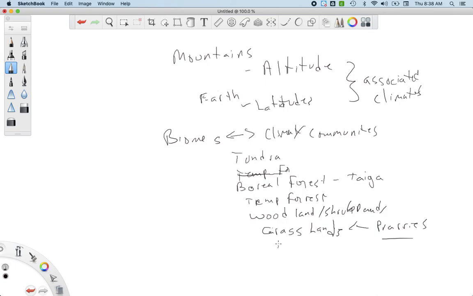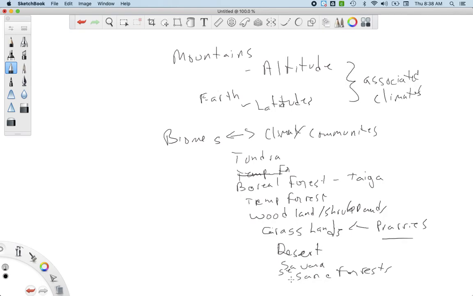We also have a desert biome. Remember, there are deserts on all continents except Europe. We have savanna, seasonal rainforest, and tropical rainforests. Tropical rainforests are warm, wet biomes, and warm, wet biomes tend to support a lot of different species.